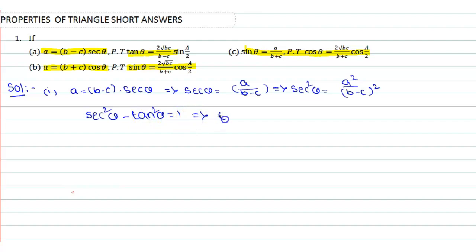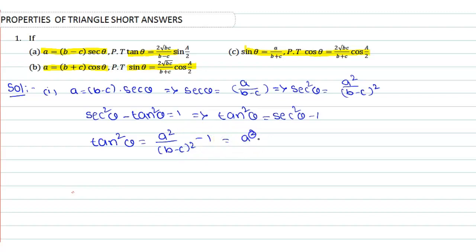If you take tan theta as subject, tan square theta can be written as secant square theta minus 1. So here substitute secant square theta: tan square theta is equal to a square by b minus c whole square minus 1. Now take the LCM.